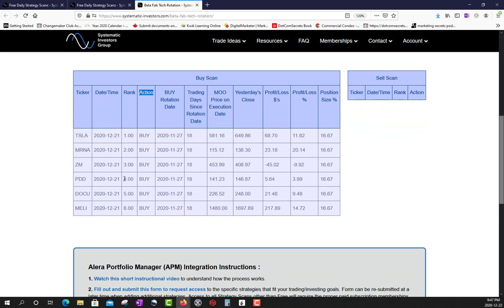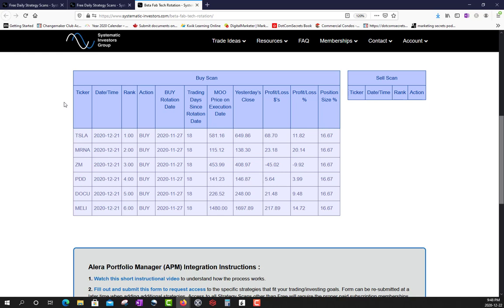So it takes advantage of that phenomenon of the turn of the month, and what it does is we rank using an algorithm. Now, this strategy was based on some of Meb Faber's work. If you're not familiar with Meb Faber, you can Google him. He's from Cambria Investments. He's published a lot of good information on rotational strategies and dual momentum.